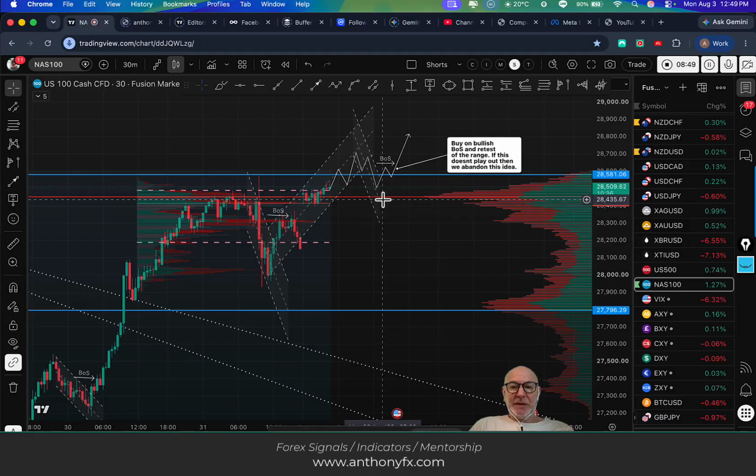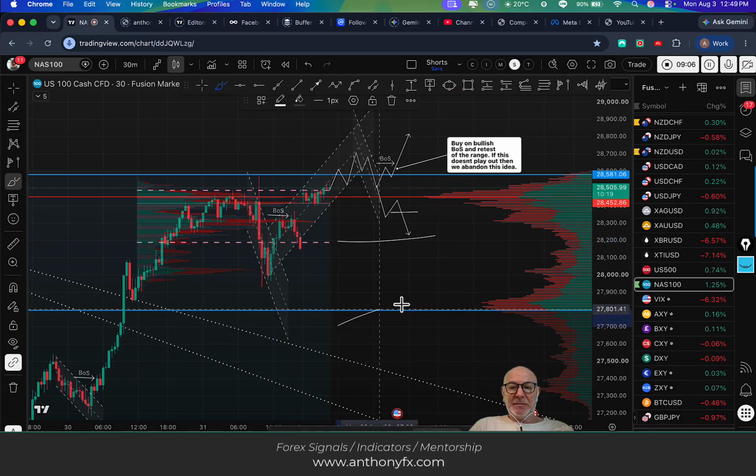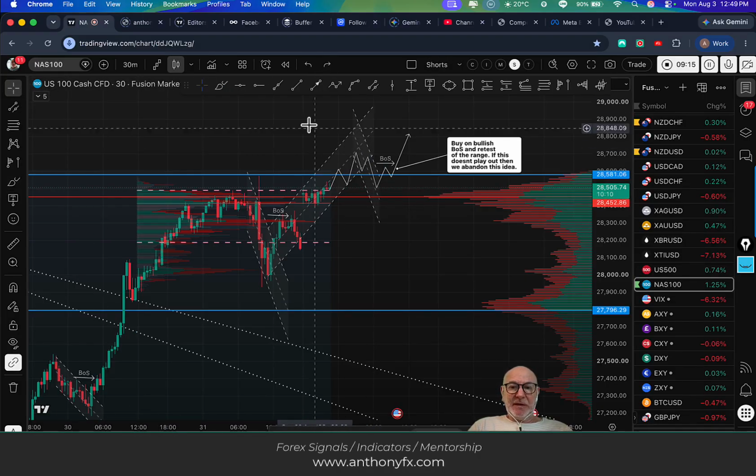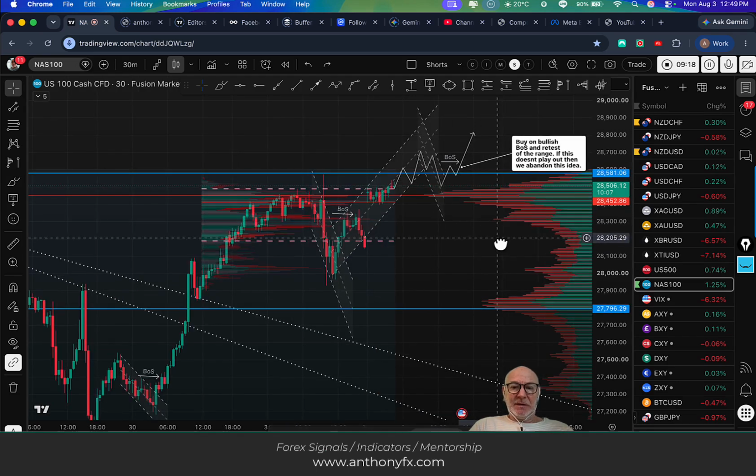If it breaks under here, I don't want to go counter trend, but you'd look to sell there, target 1, target 2, that kind of thing. But I'm mainly interested in a bullish opportunity. If it holds above here, that's the main thing.